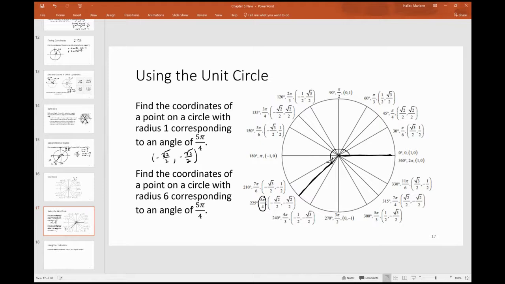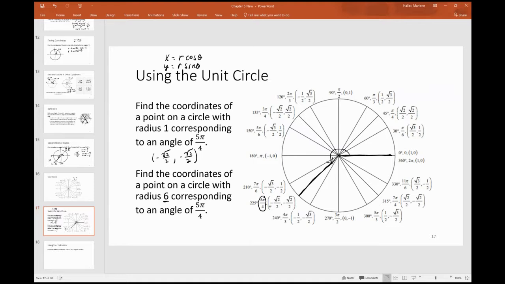Okay, find the coordinates of a point on the circle with the radius of 6. Ooh, okay, it's not the unit circle anymore, corresponding to an angle of 5 pi over 4. Well, what does that mean? Well, remember the definition: x is simply r times the cosine, and y is simply r times the sine. On the unit circle, the sine and the cosine are those coordinates of that terminal point.